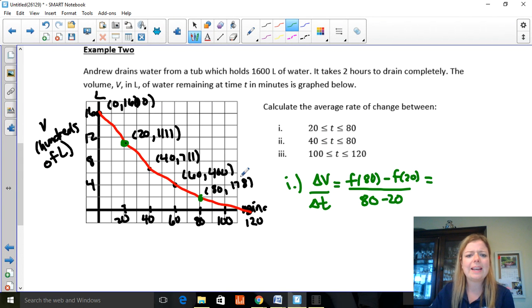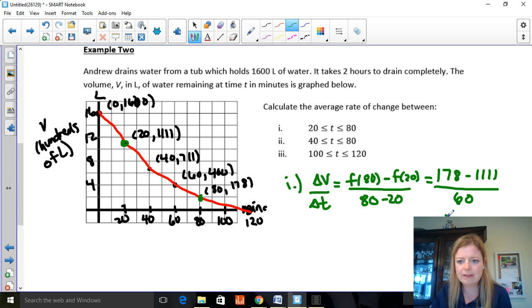F at 80 is 178, and F at 20 is 1,111, divided by 80 minus 20, which is 60. When you put this in your calculator, you get negative 13.33. Now we need to put the units, so it's liters per minute.